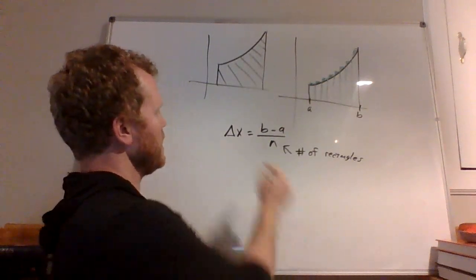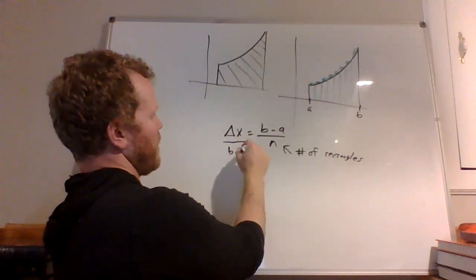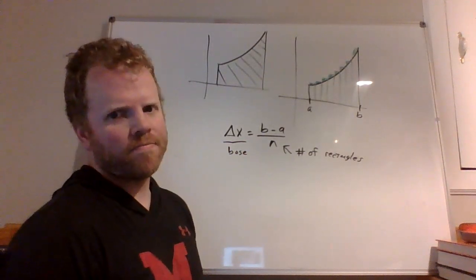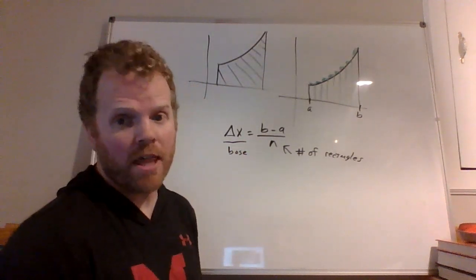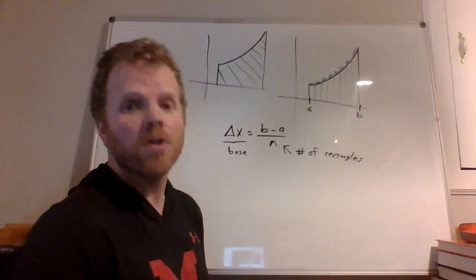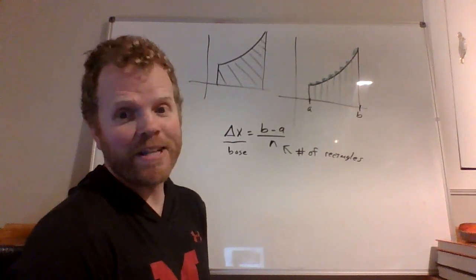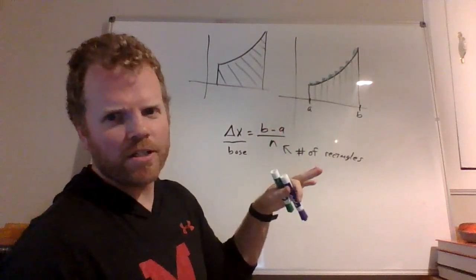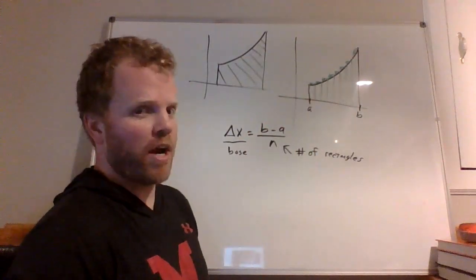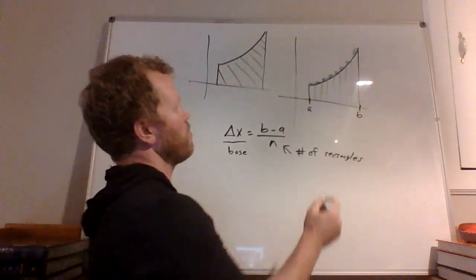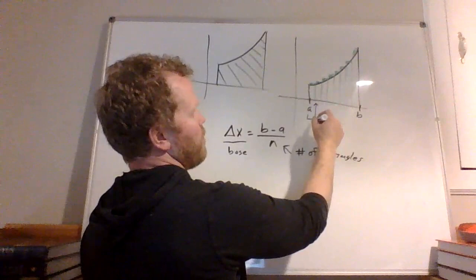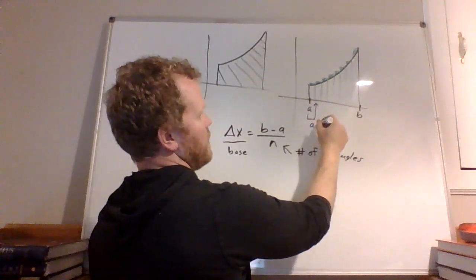So delta x is going to be the base of all our rectangles. Then, what's the height? The height depends on what method you use, whether left endpoints, right endpoints, or midpoints. In my picture on this handout, I vote we use right endpoints. The right endpoint is what happens when we start at a and move over 1 delta x.